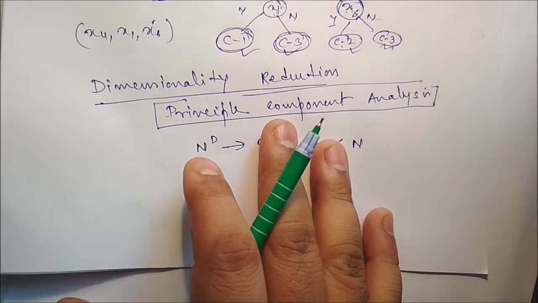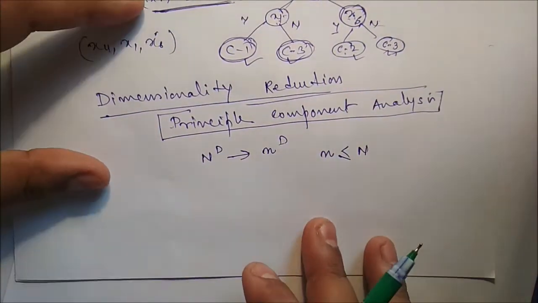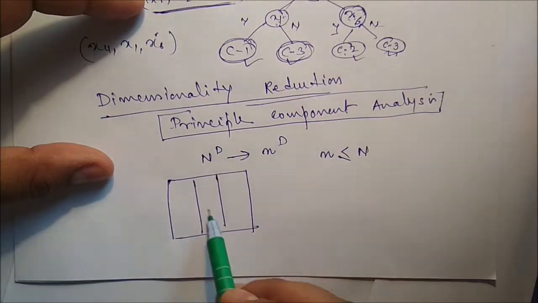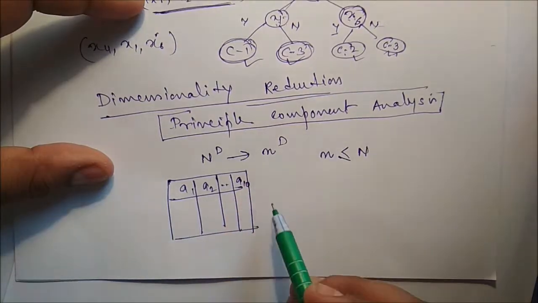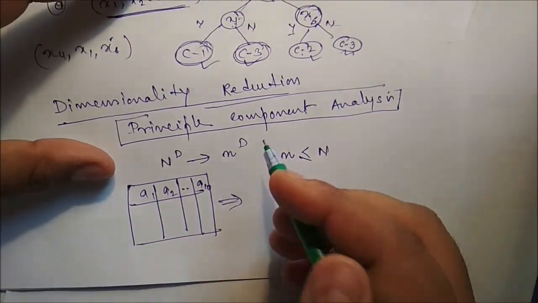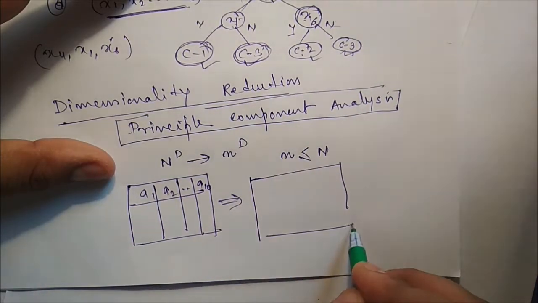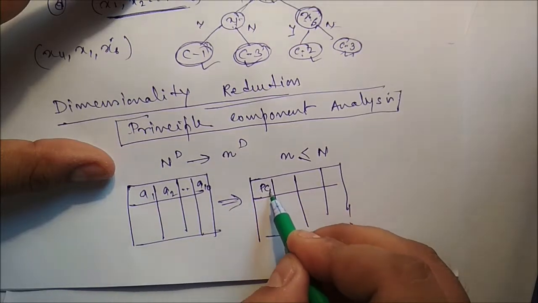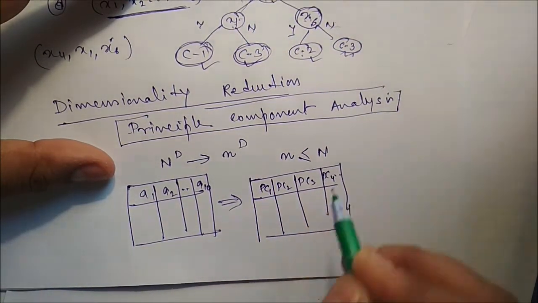Just remember one thing: in attribute subset selection we retain the original data, but in principal component analysis, say these are the attributes a1, a2 up to a10, and here we transform the data. The data are changed, and we identify the principal components, say PC1, PC2, PC3, PC4 and so on.